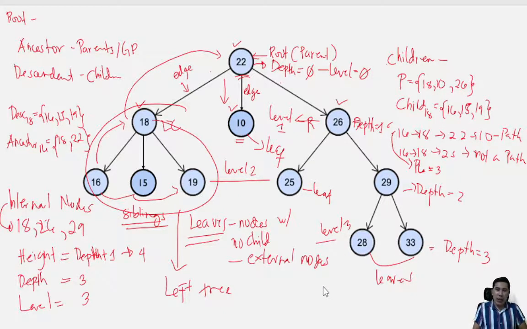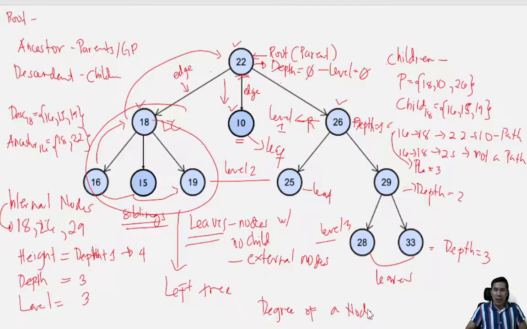Now, what is the degree of a node? When we talk about the degree of a node, this is the number of direct children of the given node.